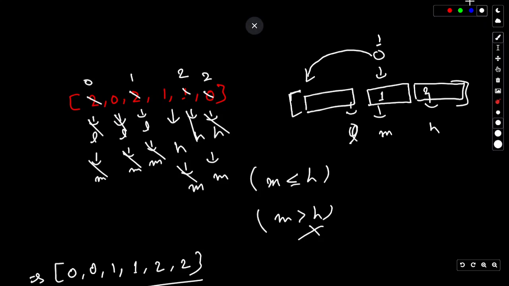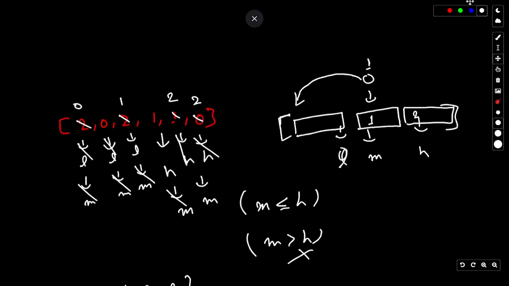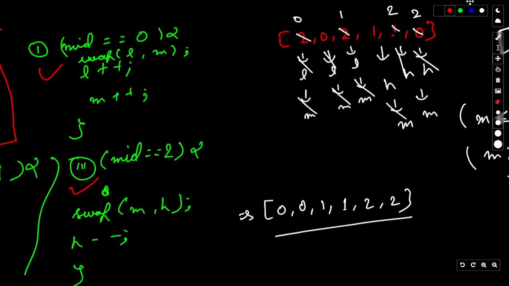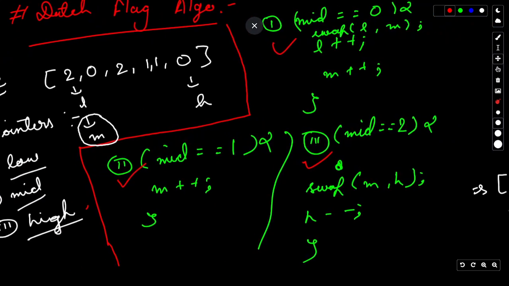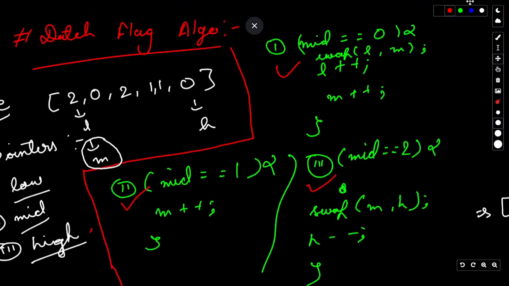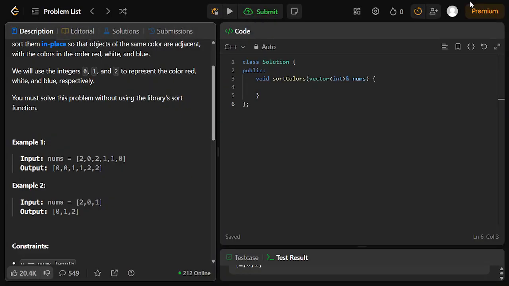If any element is 1, we do nothing because it is at its correct position. If any element is 2, we swap it with high. So essentially we keep every element at its correct place and increment these pointers, through which our array gets sorted. This is everything that needed to be explained. Now let's move to the implementation and see if our code works.